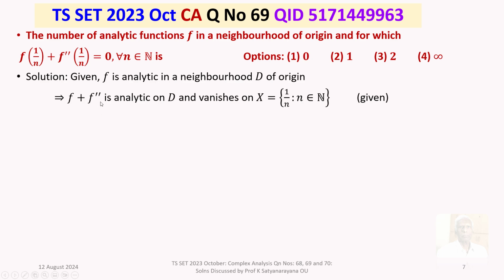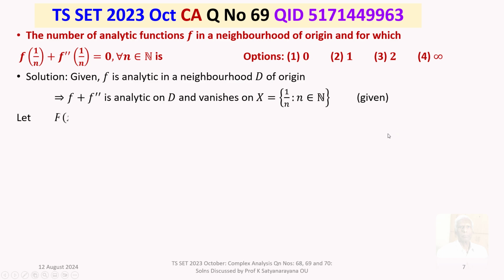Therefore f double prime is also analytic. And the sum of two analytic functions is again analytic. Therefore f plus f double prime is analytic on D, and it is given that it vanishes at the set x equal to 1 by n, n belongs to N. That means for all n belongs to N, this is satisfied. That's what is given to us.